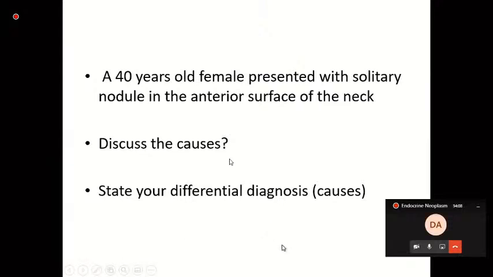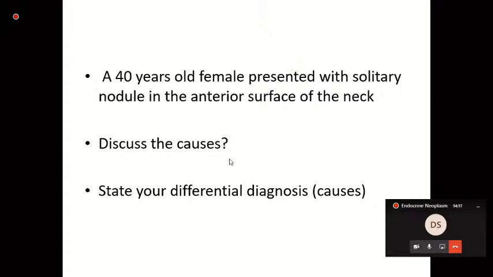Maybe in the anterior surface of the neck there are other things like lymph nodes. How do you know this comes from the thyroid? We ask the patient to swallow, and then we can see the movement of the thyroid gland. If it moves, it indicates this is thyroid, right?